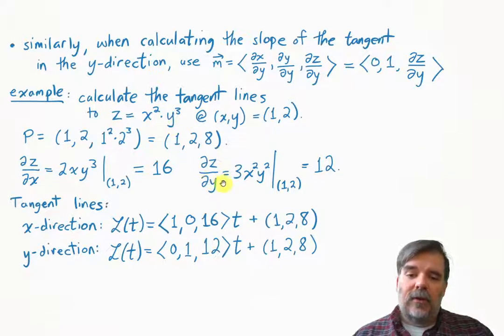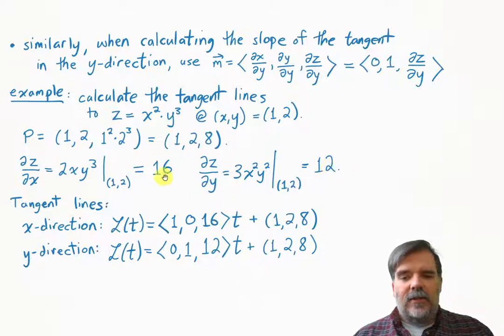So this partial derivative is that constant, x squared, times 3y squared. Now we'd like to evaluate it at the point 1, 2. So let's substitute 1 for x and 2 for y. And then when we multiply that out, we'll get 12. So the partial derivative with respect to y is equal to 12.